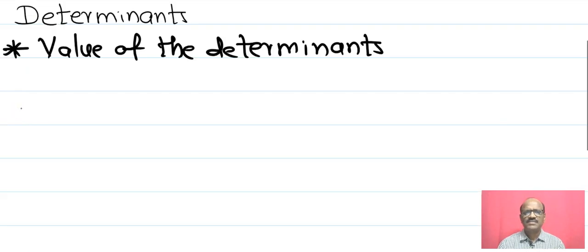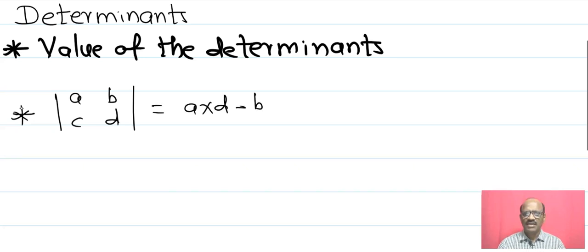Now see this, value of the determinant A, B, C, D is equal to A into D minus B into C. In this way we can find out the value of the determinant.